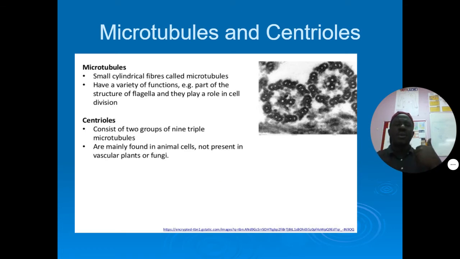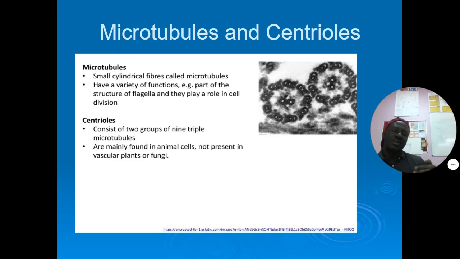If you recall when I was talking about the differences between the flagella, microtubules and centrioles are responsible for what we call the cytoskeleton. A cytoskeleton is a skeleton of the cell, for a cell to have a structure, it has a skeleton inside it.